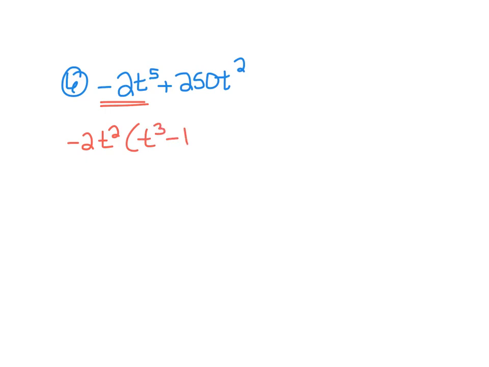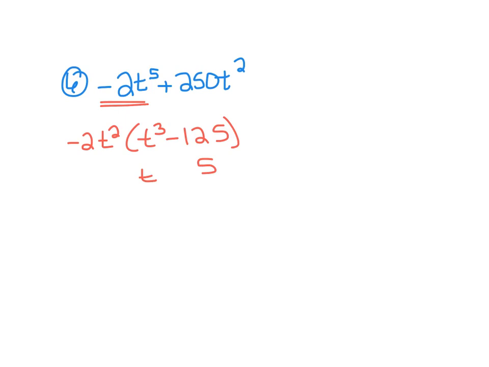All right, one last one. Number 6, negative 2t to the 5th plus 250t squared. Now this has come up again. You don't want that first term to be a negative. T to the 5th, t to the 2nd, that's also not working as a cube. So you should take out a negative 2t squared, and then you're left with t cubed minus 125. Now see, does this work? T and 5.